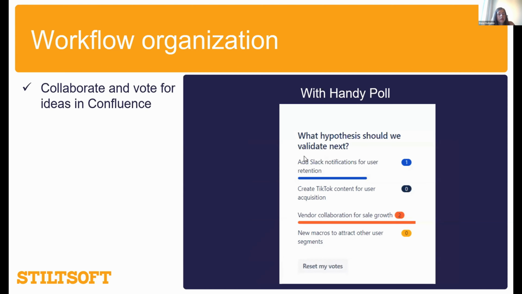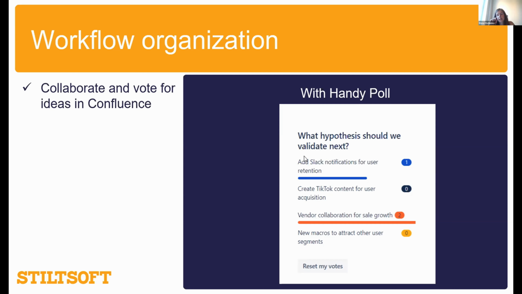Okay, another point is that sometimes you need to have feedback from your teammates right here in Confluence, and in order to stay tuned and not to switch contexts, you can vote right in Confluence with handy poll.